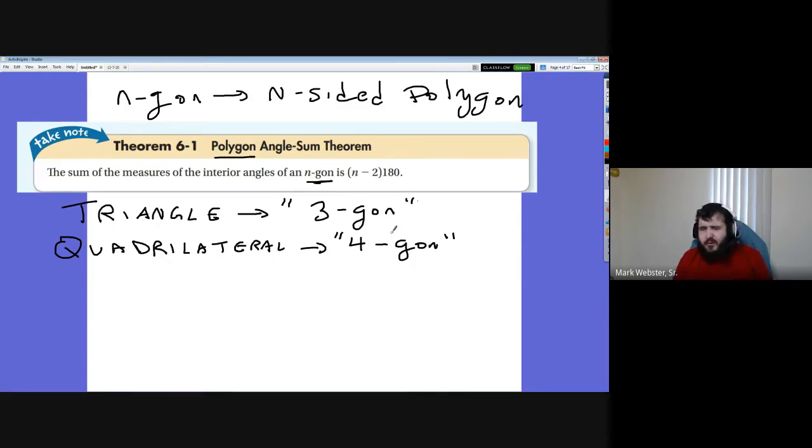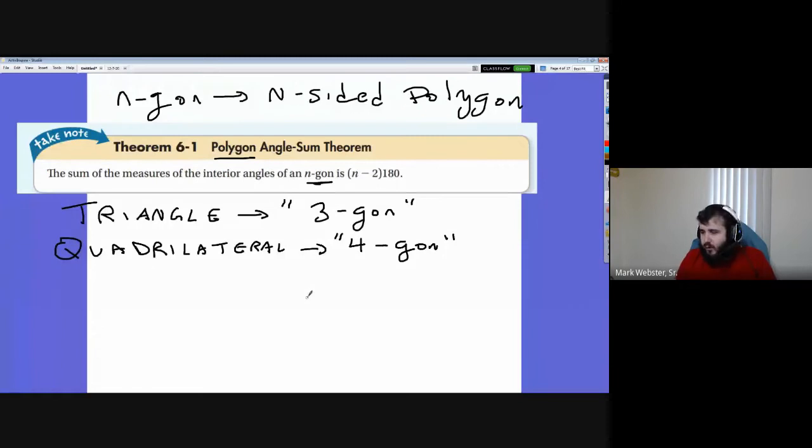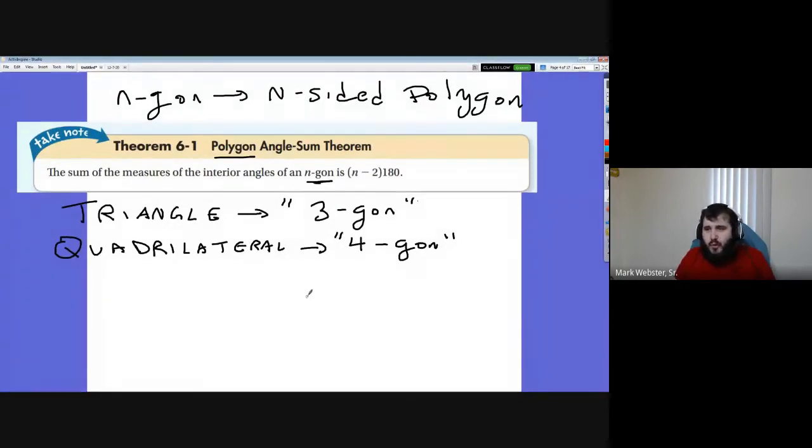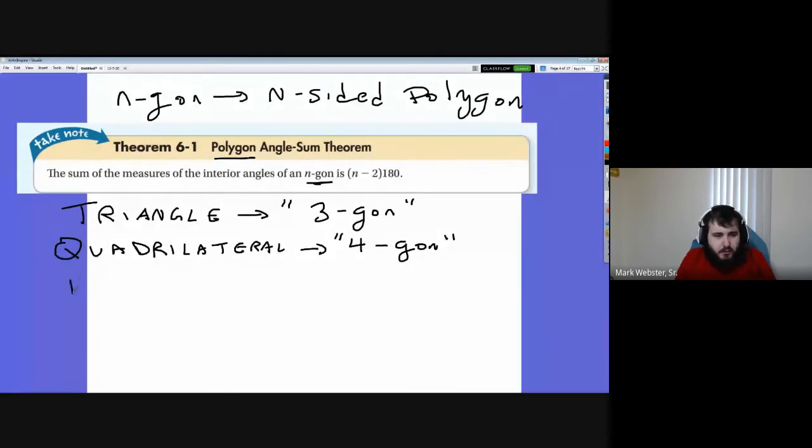Now they're not going to use this, but you could even go further. Unidecagon, dodecagon's one they're going to use a lot because 12-sided figures are really common. Dodecagon. That's 12 sides, so a 12-gon.